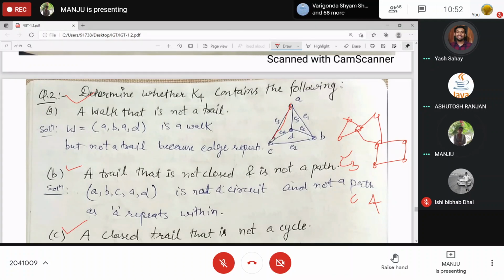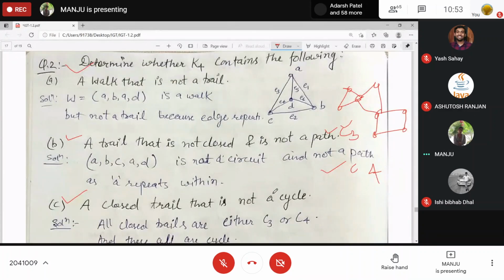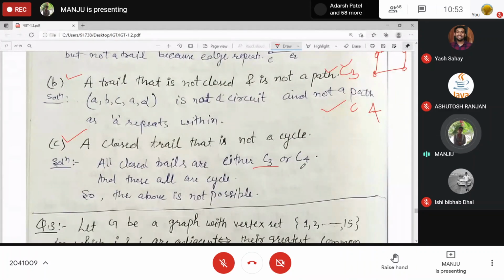A, C, B, D, A. And also this one, this one, this one, this one. So whatever cycle contains all the vertices, that is your C4. So this K4 either contains C3 or C4, not the combination of these meeting at a point. Two C3 share an edge. That's why these are C3, C4, and all are cycles in this K4.